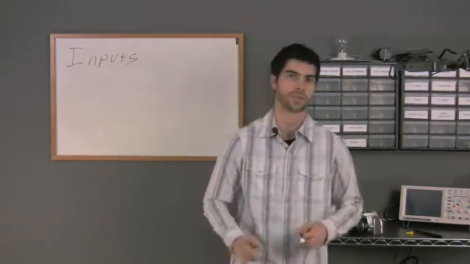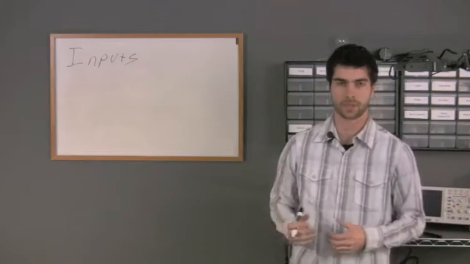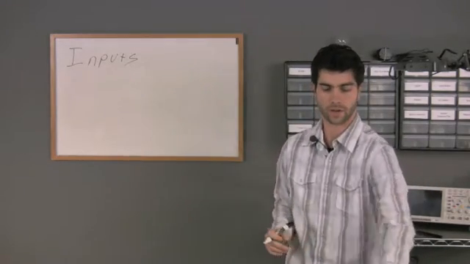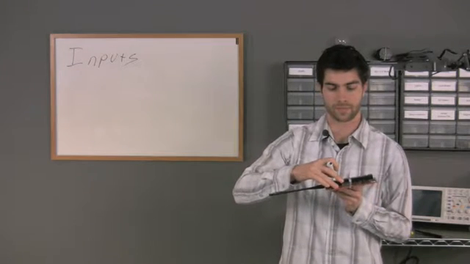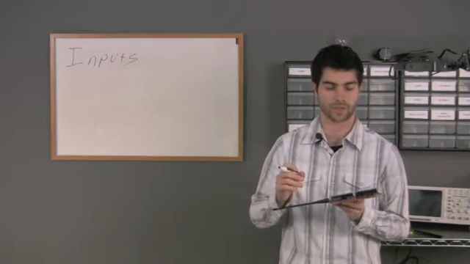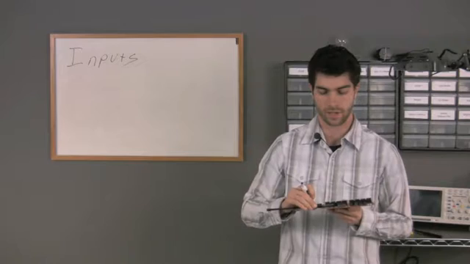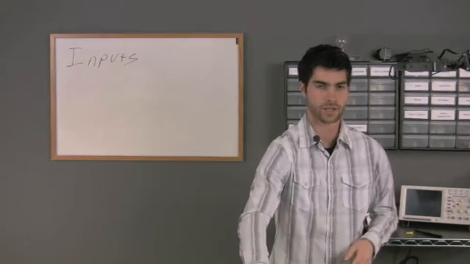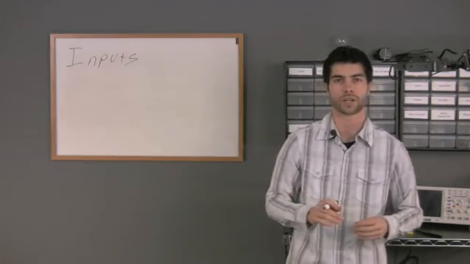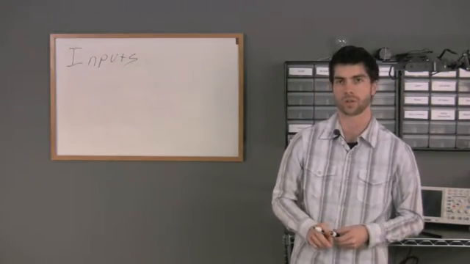Now, as I said in the previous video, inputs on your controller are these screw terminal ports where you can attach your sensors, contact closures, voltages, things like that. So let's talk about first, what can you attach to these controllers?